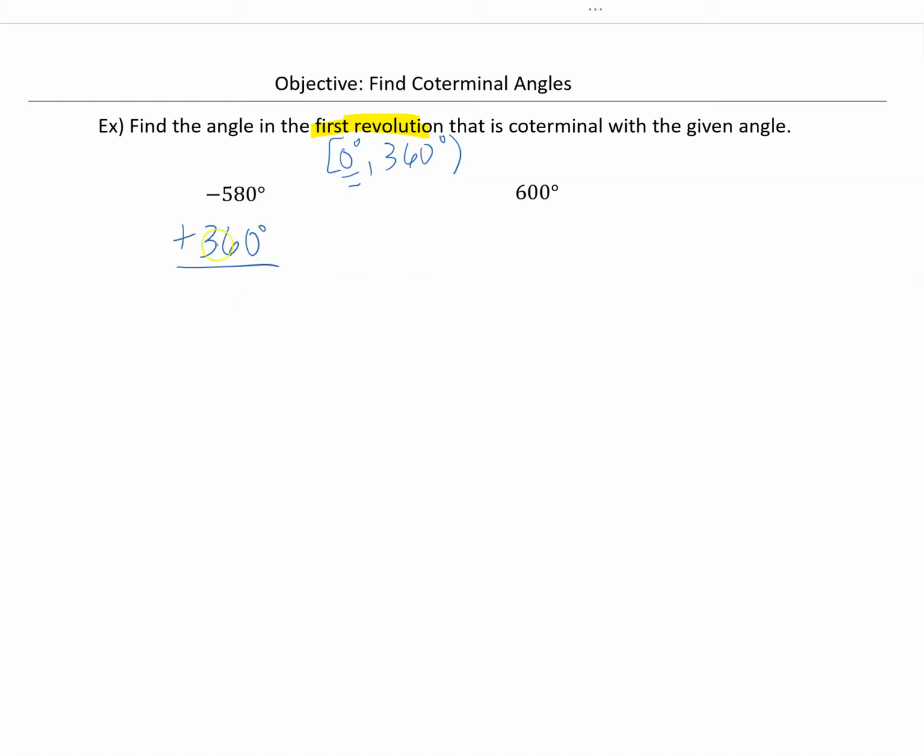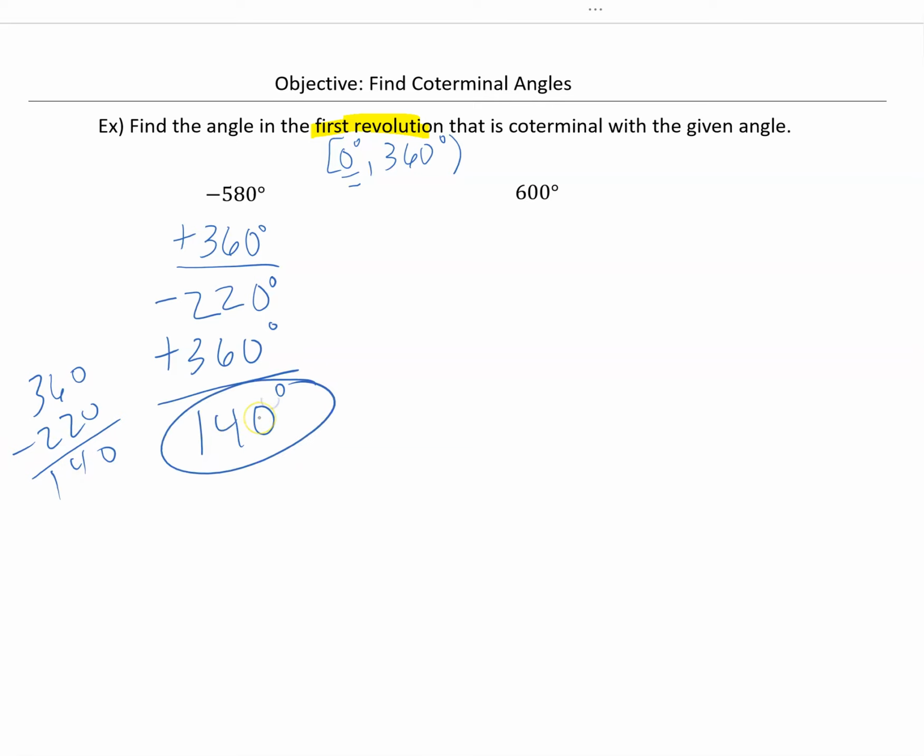So I'd be looking at, okay, I'm going to have to subtract these two, and that's going to give me 220, but it's going to be negative because of the 580 being larger. So then I'm going to have to add another 360. So here again, I'm going to have to subtract 360 minus 220, and that gives me 140, and this time it will be positive. So here's my coterminal angle in the first revolution.